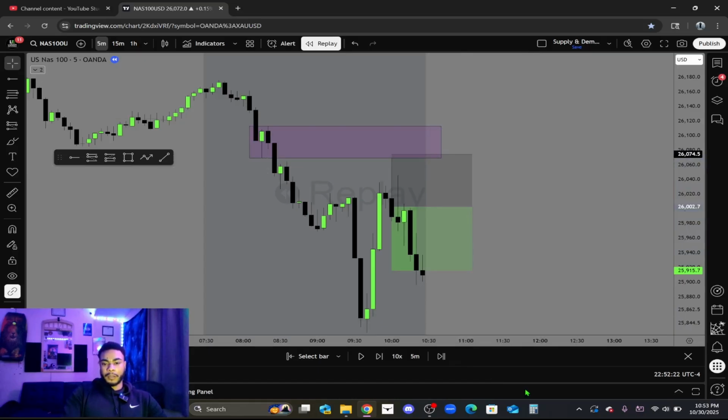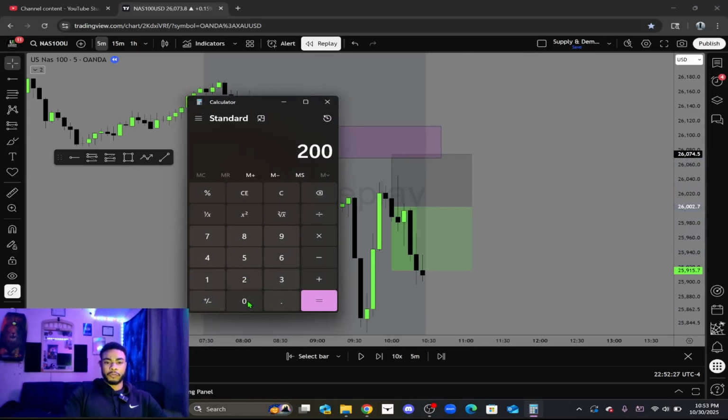Since that's how many pips it is, you'll do the same thing: 200 divided by 718 pips or points, and that's going to give you your lot size, which is 0.27, or 27 cents per point. So every point is going to be 27 cents, 27 cents, 27 cents, 700 times, which is going to equal $200 of risk or loss, right?